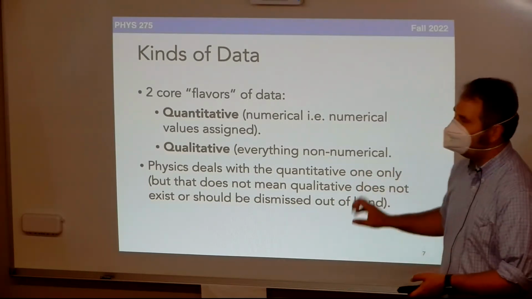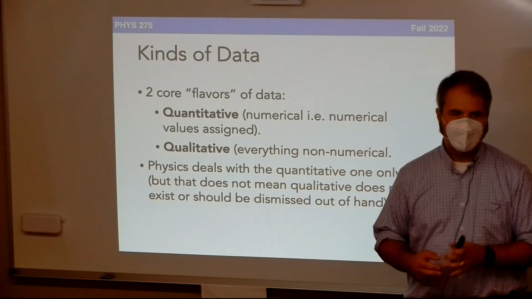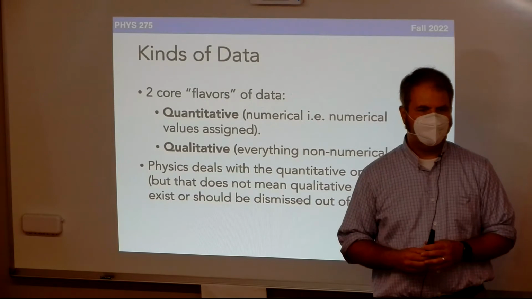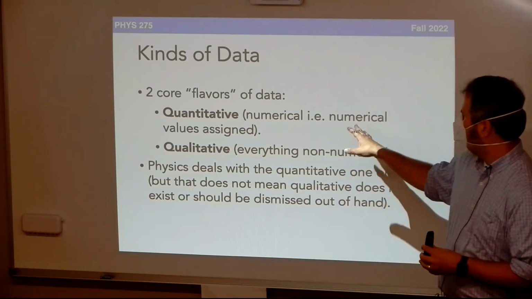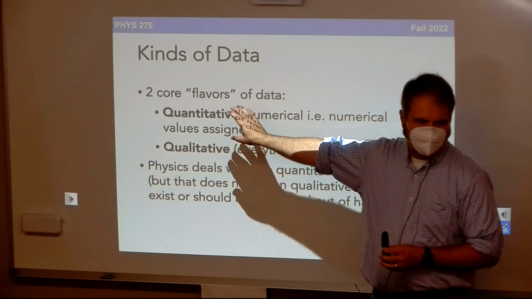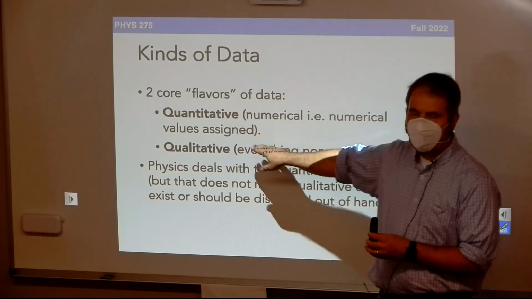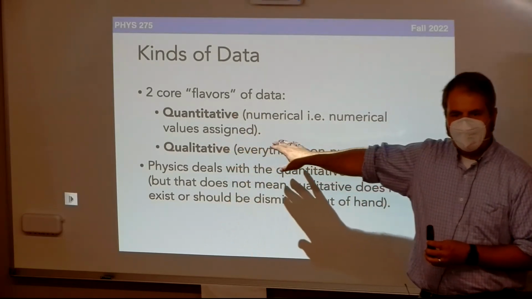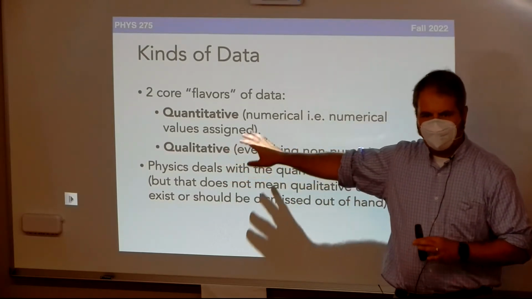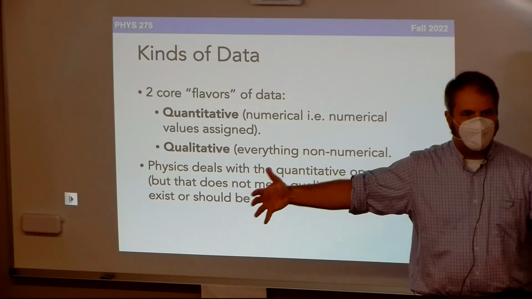And so knowing what kind of data you have is critical. Has anyone heard about quantitative versus qualitative data? Quantitative is numerical. That's what we physicists think of. However, there is also qualitative data, and qualitative data is still data. And you can do the same tricks on that, right? And thus sociology was born.